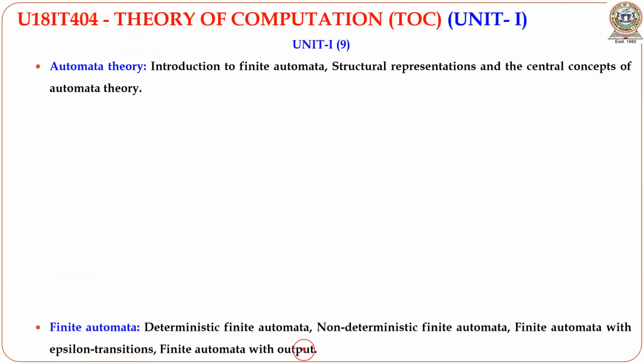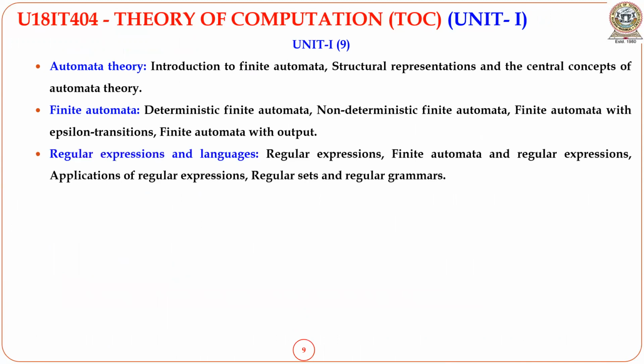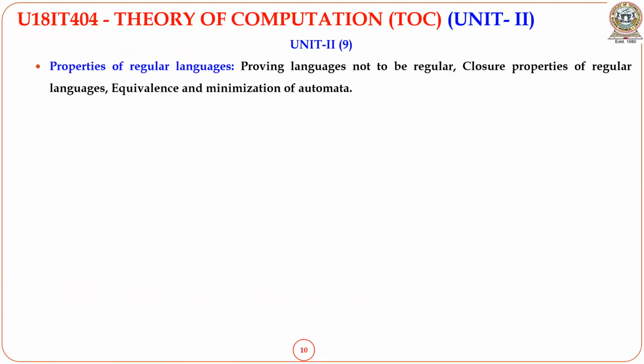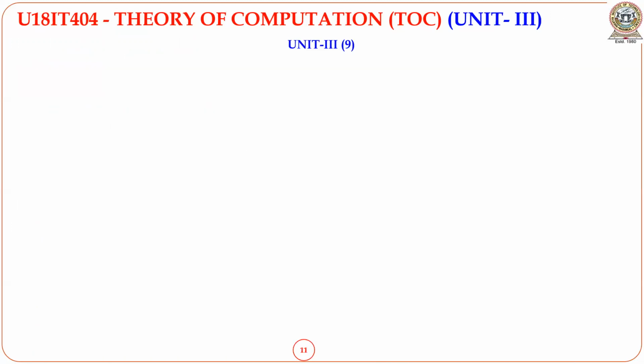These are the Unit 1 concepts: automata theory, finite automata. In finite automata, you're going to learn about deterministic finite automata and non-deterministic finite automata, and the regular expressions, languages. Coming to Unit 2, properties of regular languages and context-free grammars and languages.